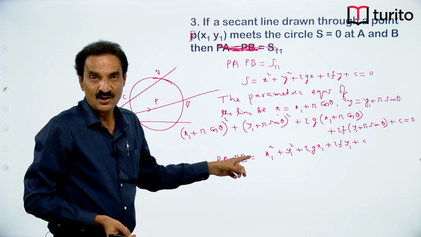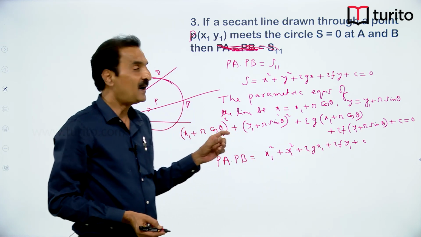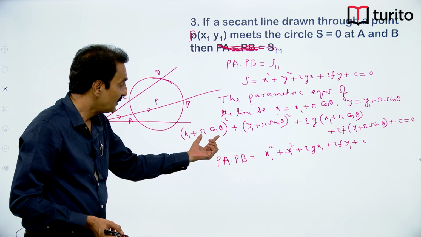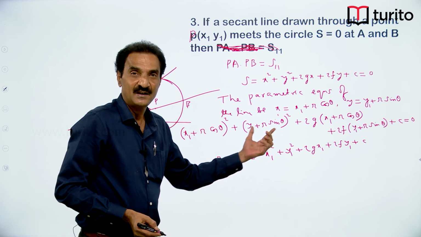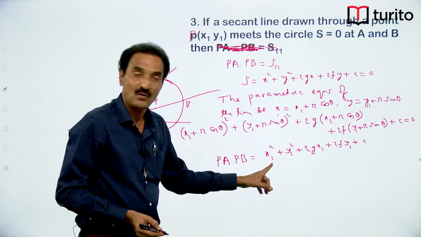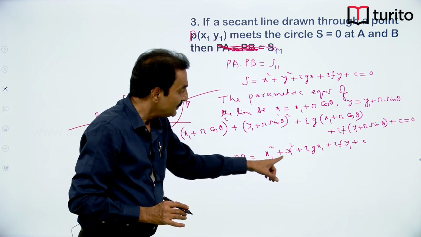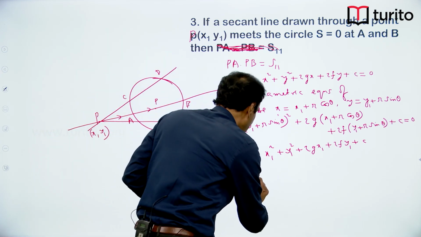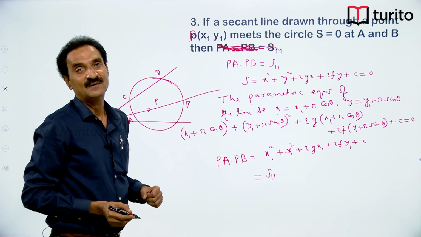This is the constant term divided by the coefficient of r square. What is the coefficient of r square? Without expansion, here the coefficient of r square is cos square theta, here sin square theta. So, the coefficient of r square is cos square theta plus sin square theta, that is 1. So, this divided by 1, and this is denoted by S11 in our standard notation. So, PA into PB is equal to S11.